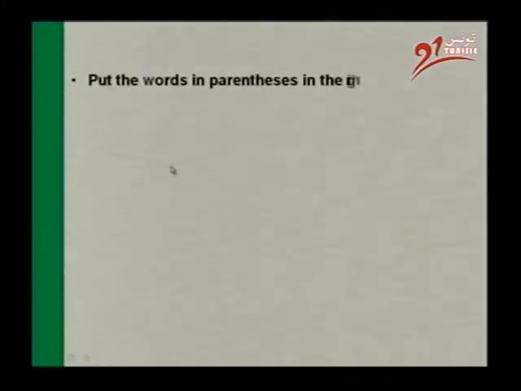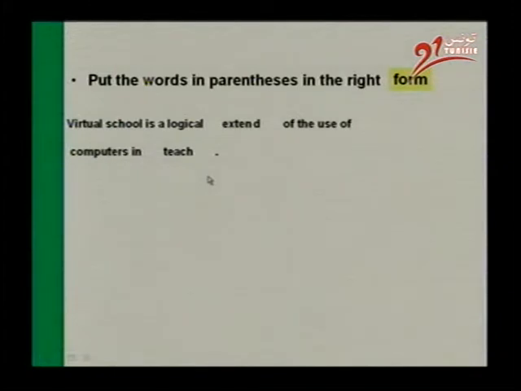So, now that the difference is clear, I'd like you to put the words in parentheses in the right form. The sentence is, virtual school is a logical, and the verb that we have here is extend, of the use of computers in, and the second verb is to teach. Now, virtual school is a logical.